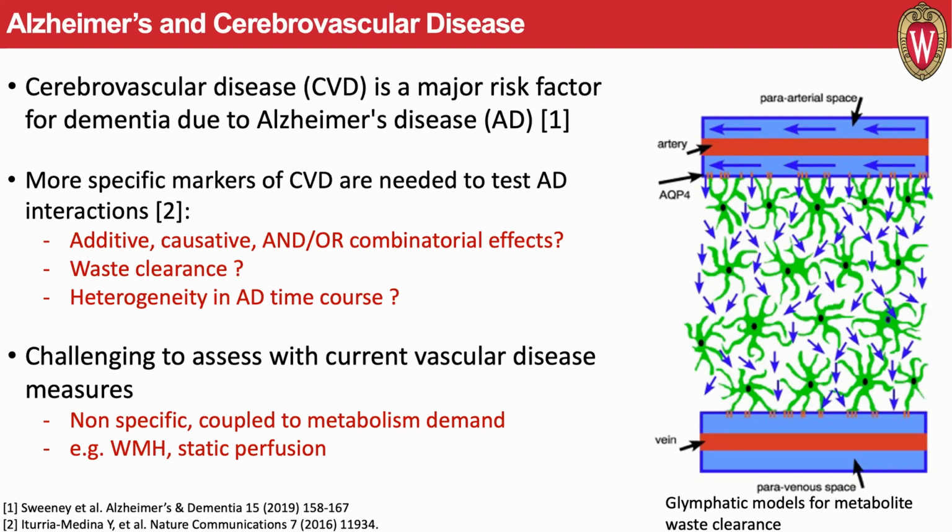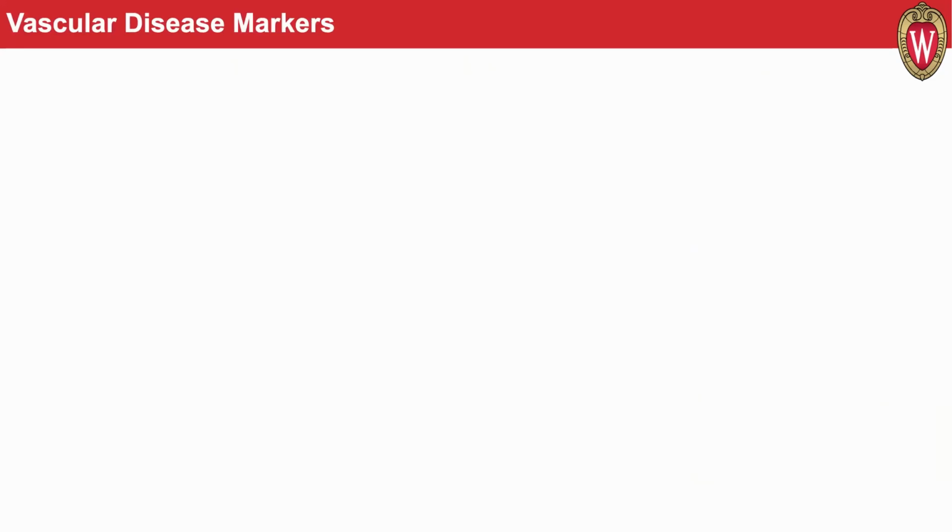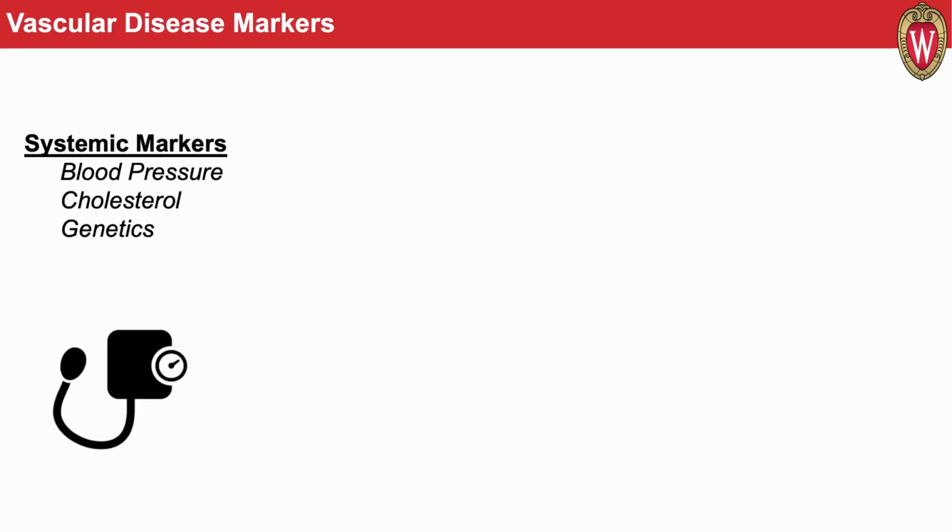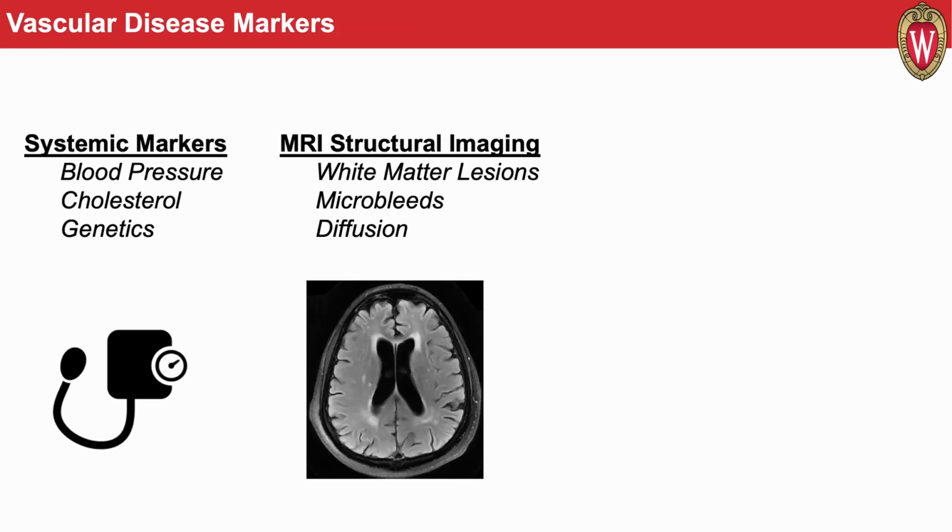One of the major limitations to study these AD and vascular interactions is the lack of sensitive and specific markers of cerebrovascular health. For example, traditionally, vascular health is characterized using systemic markers such as blood pressure, cholesterol levels, and genetics. And if we want to probe vascular disease in the brain, patients typically undergo an MRI that assesses structural markers such as white matter hyperintensities, microbleeds, and diffusion.